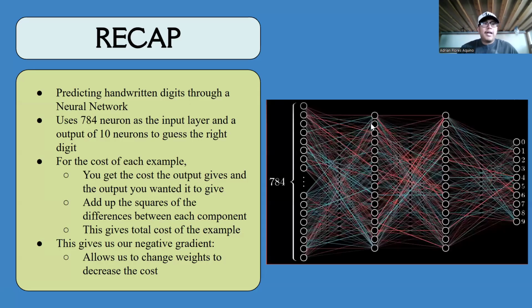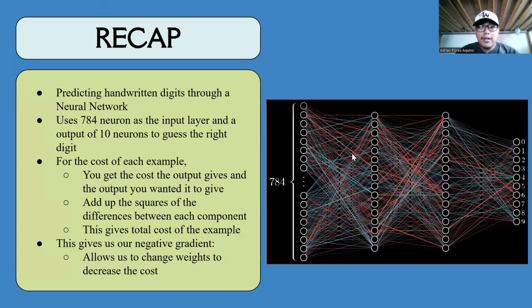So I'm going to talk about what I covered in my previous two videos, which is pretty much using a neural network to predict handwritten digits. When talking about the neural network, there are three types of layers that you should remember: the input layer, the hidden layer, and the output layer.